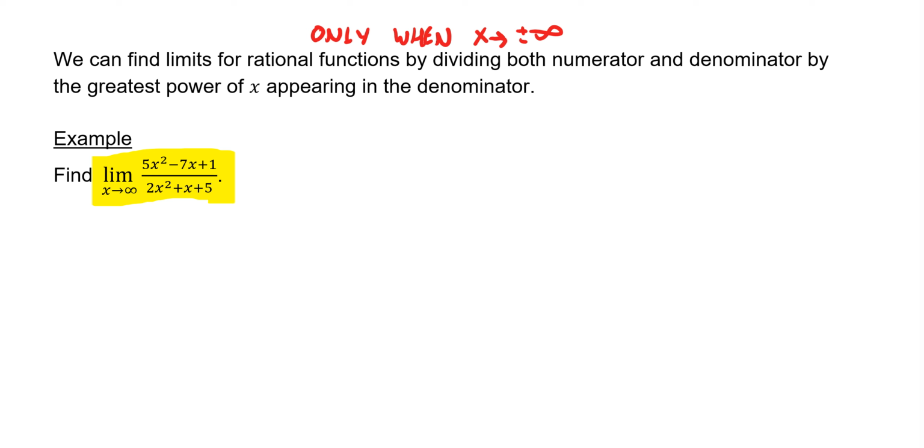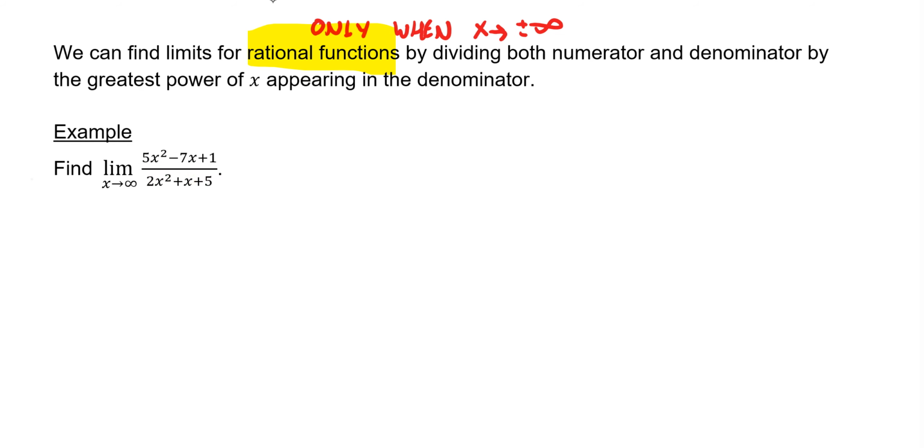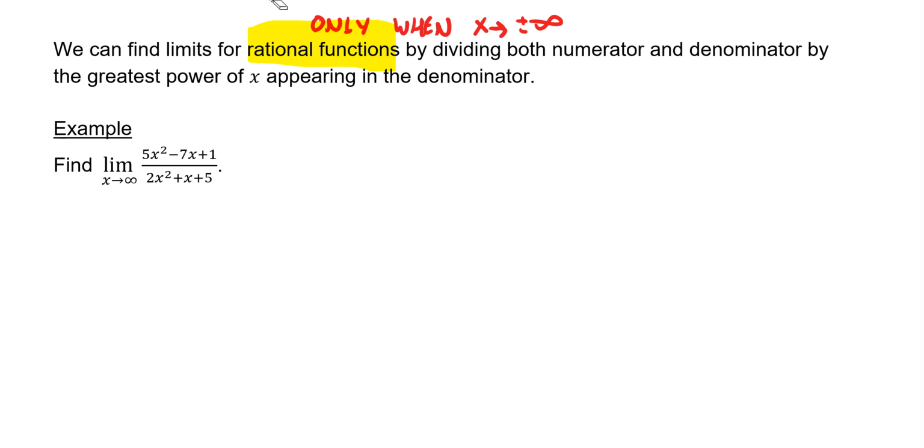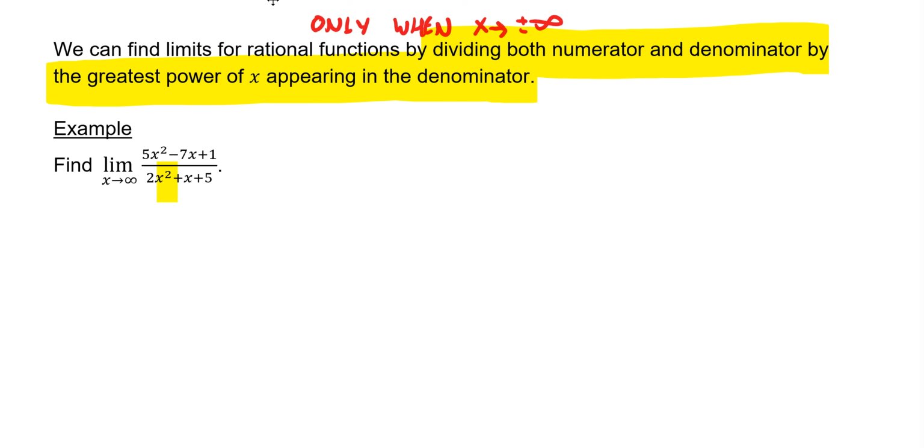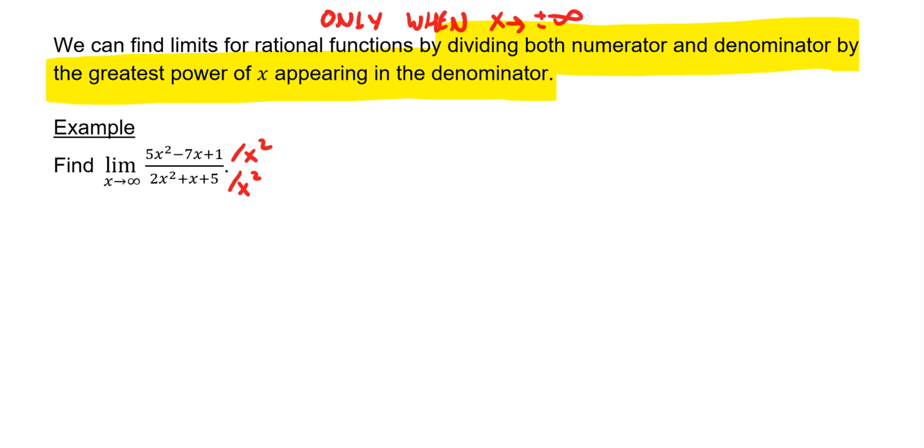So if we have a rational function, which we do, 5x squared minus 7x plus 1 over 2x squared plus x plus 5, and x is approaching positive or negative infinity, what we're going to do is divide the numerator and denominator by the largest power from the denominator. From the denominator, the largest exponent is x squared. So we're going to divide the numerator and denominator by x squared, and then let's just see what happens.